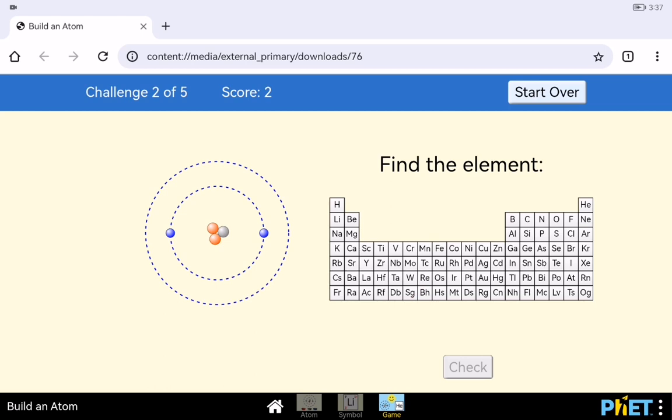We can go to the next question. The next question is asking us to find the element. Let me just guide you with a key here.